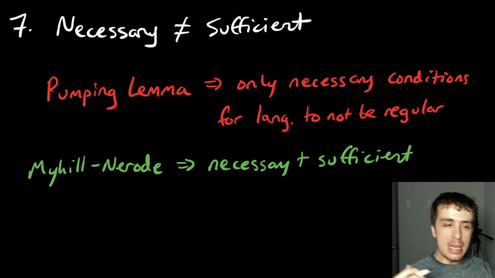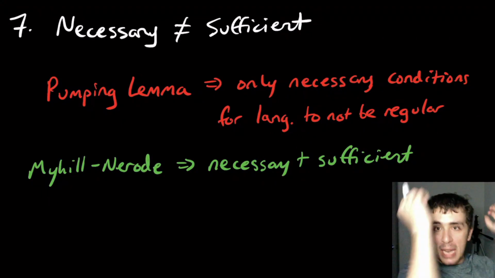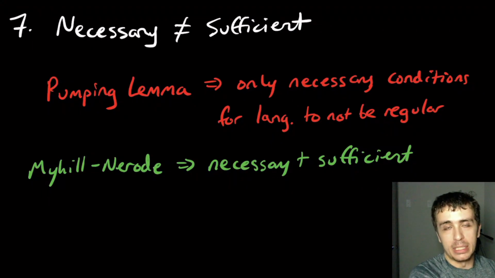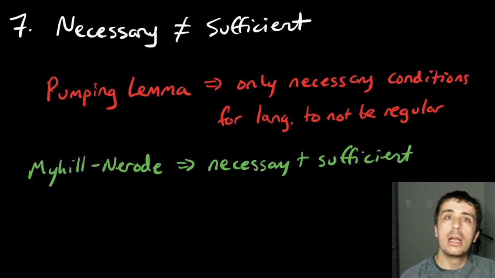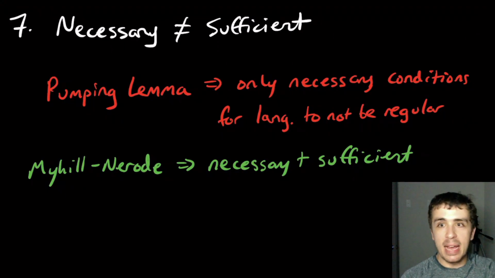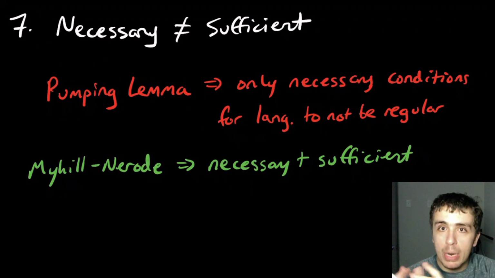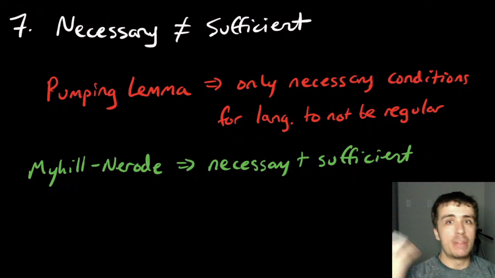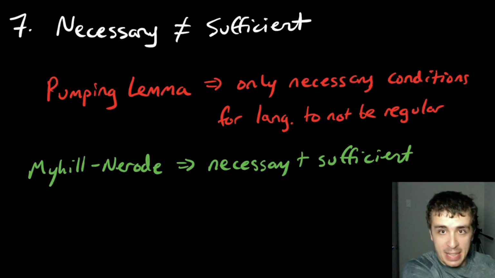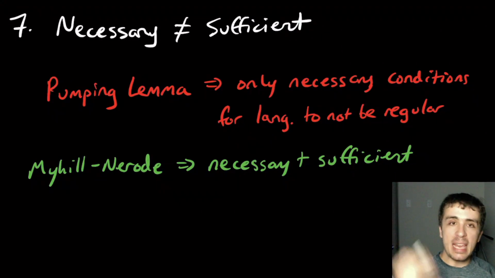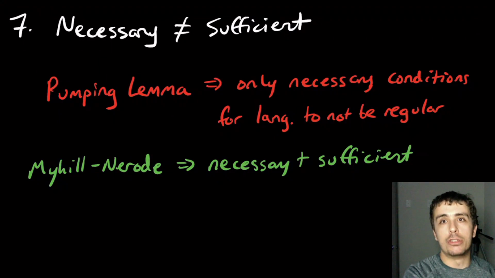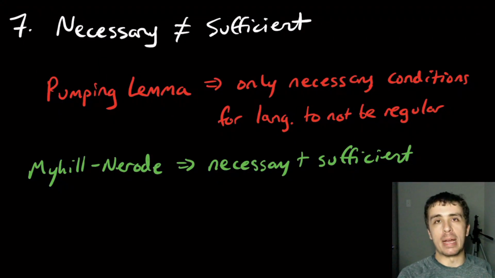So if the language is regular, it has to satisfy these properties. But if you happen to have a language that's not regular, then it doesn't necessarily mean that it has or has not those same properties. If it's regular, it has those properties. But if it's not regular, that doesn't tell us anything about it. So we use that in the contrapositive. If it happens to not have those properties, then it couldn't have been regular.